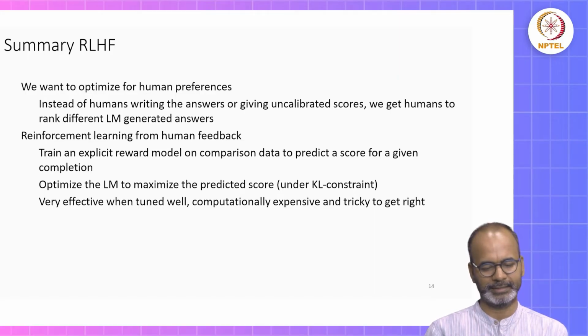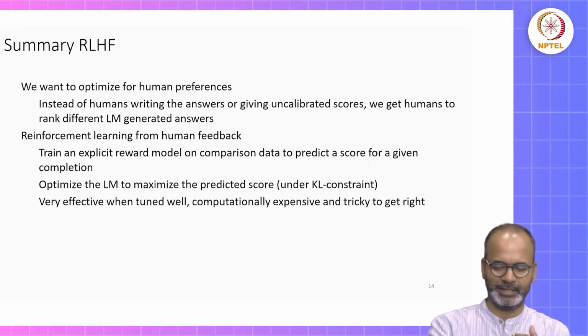How it is actually built. We want to optimize for human preferences. Instead of humans writing the answers or giving uncalibrated scores, we get humans to rank different LM generated answers. Reinforcement learning from human feedback: we train an explicit reward model on comparison data to predict a score for a given completion.